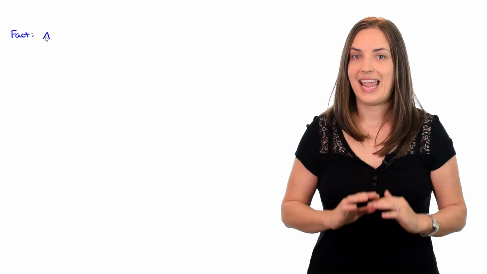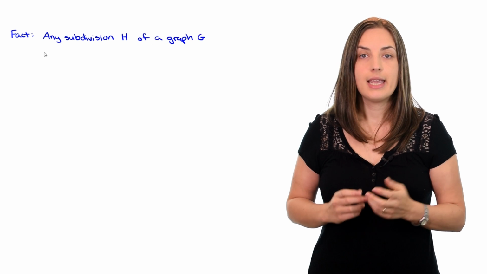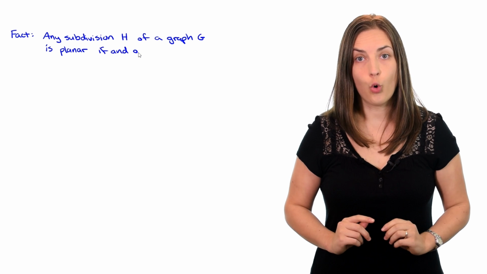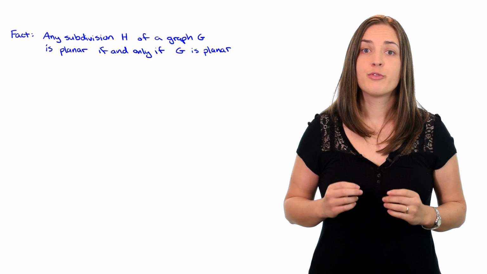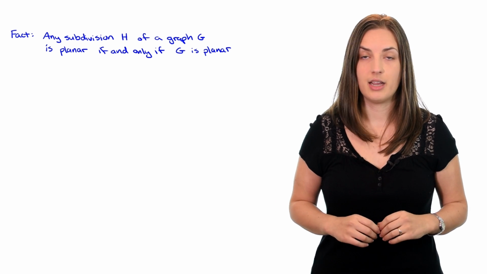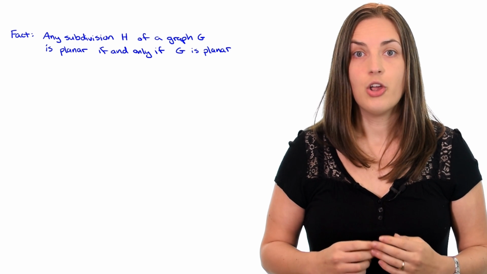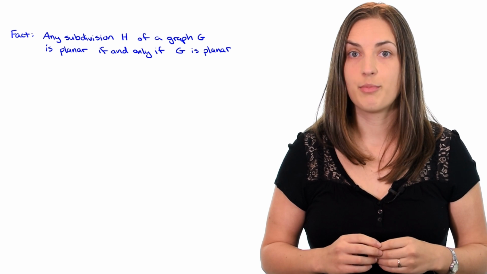Observe that any subdivision H of an original graph G is planar if and only if the original graph G was planar. This makes perfect sense because subdividing an edge does not change the planarity of the graph. In particular, we know for a fact that K5 and K3,3 are not planar.